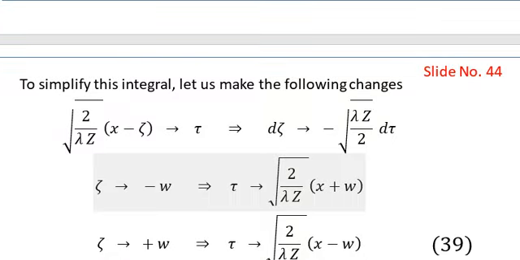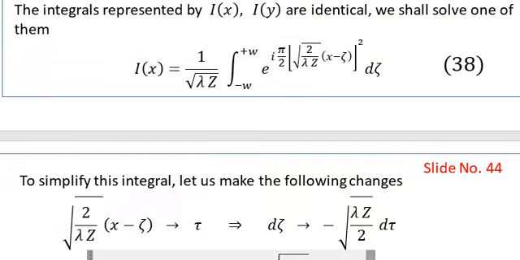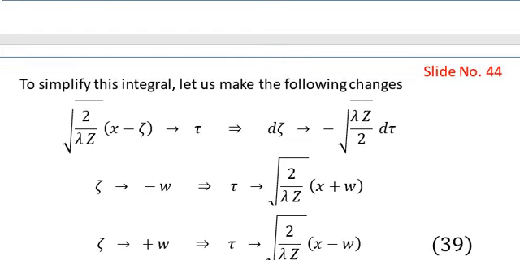Now we want to simplify this integral given in equation number 33 using some limits. So we can replace the limit: square root of 2 over lambda z multiplied by x minus zeta will be replaced by tau, and if you take the derivative, d zeta on the left hand side will give you minus square root of lambda z over 2 multiplied by d tau.